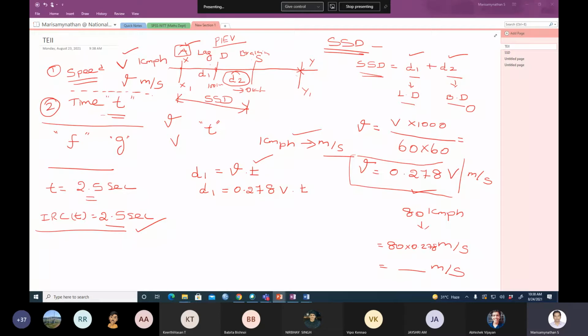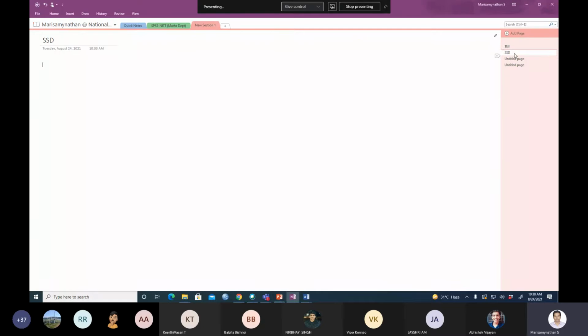The second component is the braking distance. The braking depends upon the kinetic energy of the vehicle. Everybody knows that kinetic energy is equal to half into m v squared. I'm not going deep into the mechanical properties or design elements of that energy formula; we directly apply it to estimate the distance.